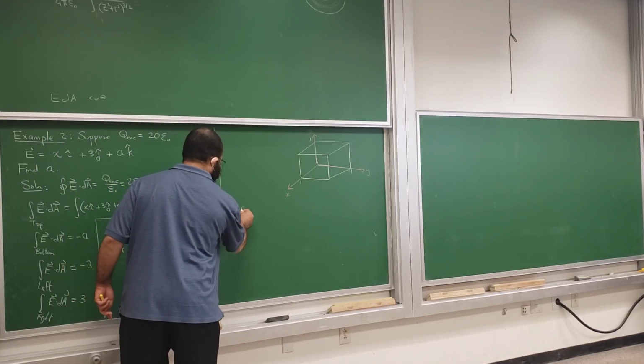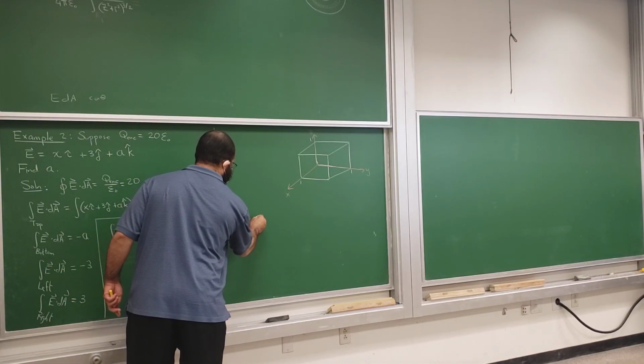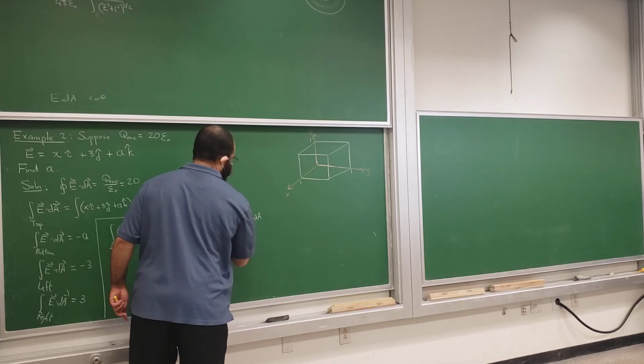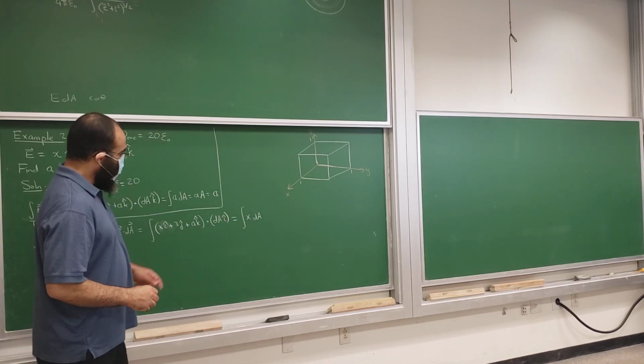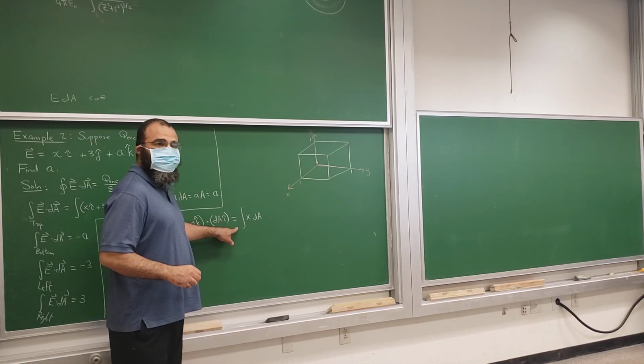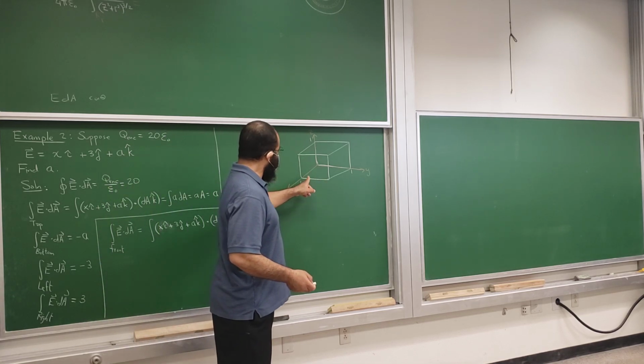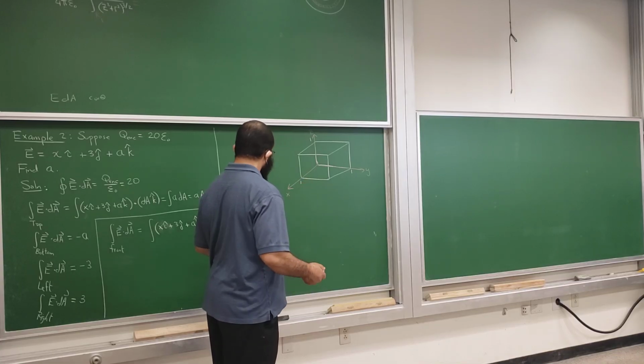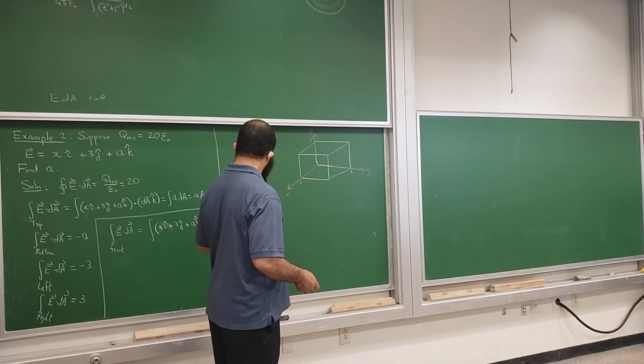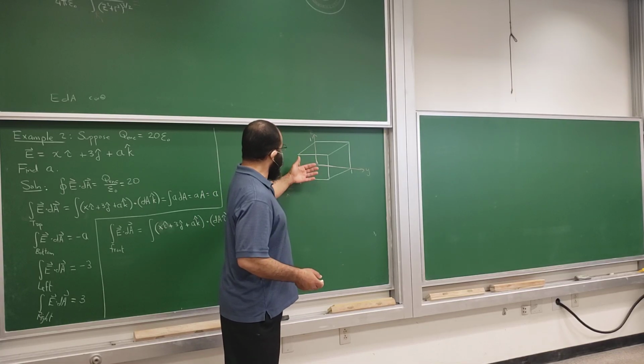So we get x times dA. Now, can we pull out the x? This is the front end, correct?